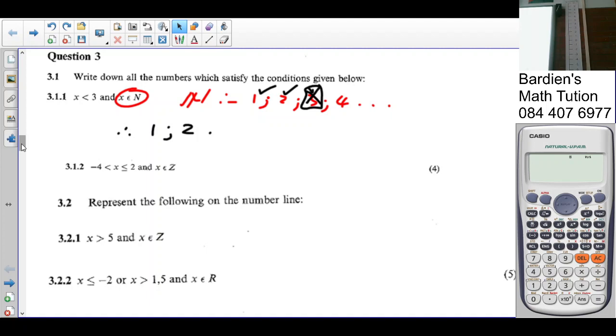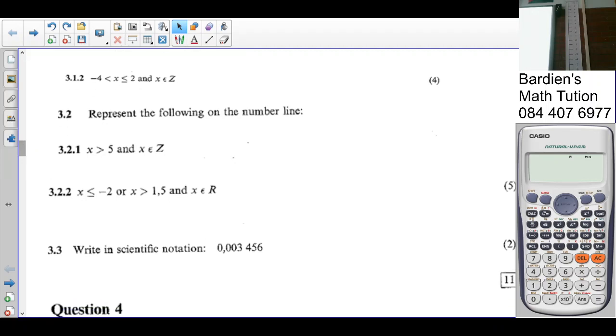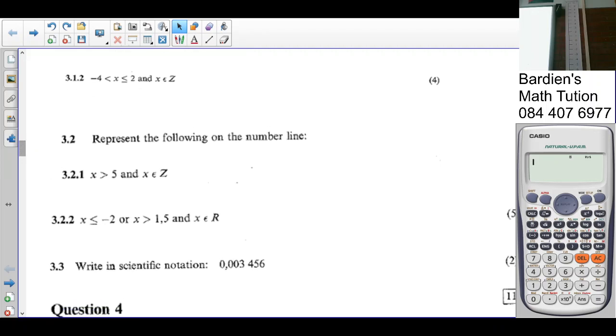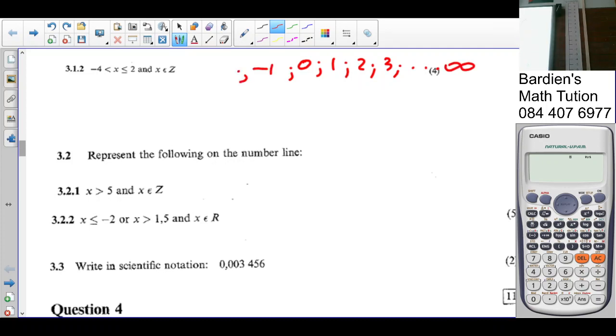Next question, integers. What are integers? Whole numbers, positive and negative. So if I must write this, it will be -3, -4 and so on.